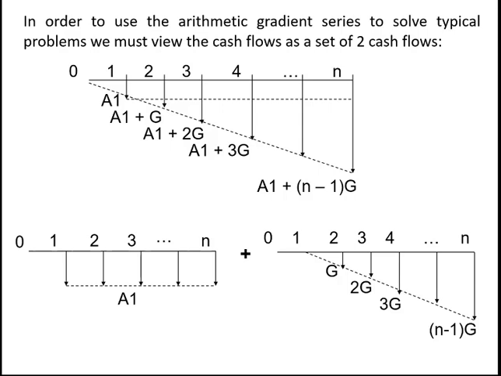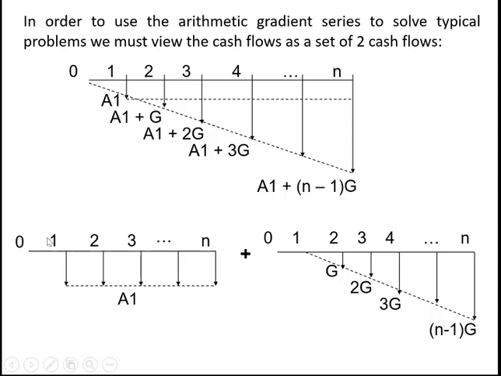Now, question number 3: how to calculate the annual worth of these cash flows. In order to calculate the annual worth, we have to calculate the annual worth of this part plus the annual worth of this part.